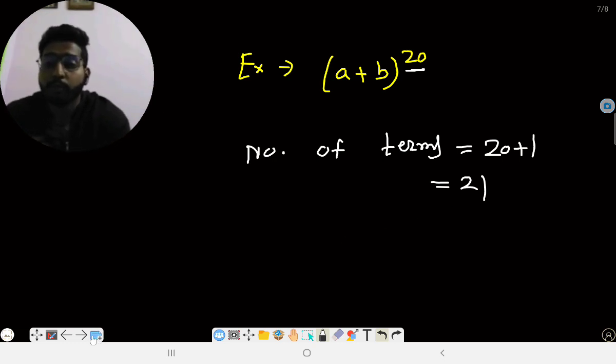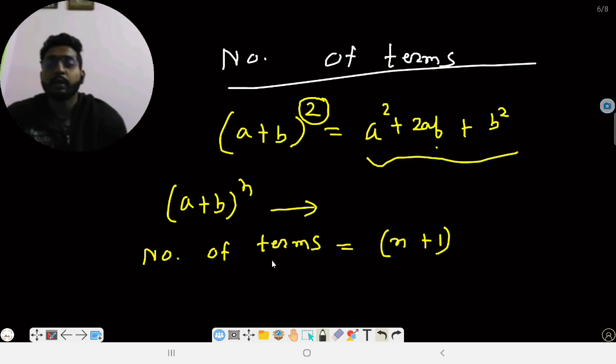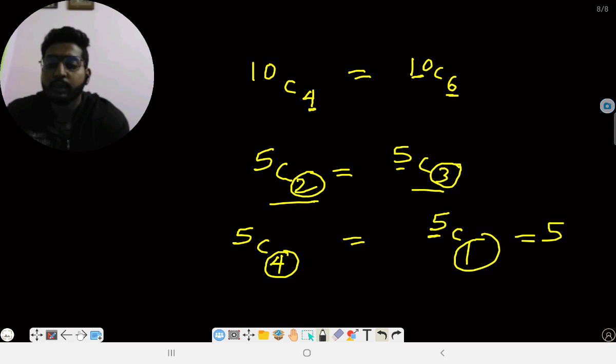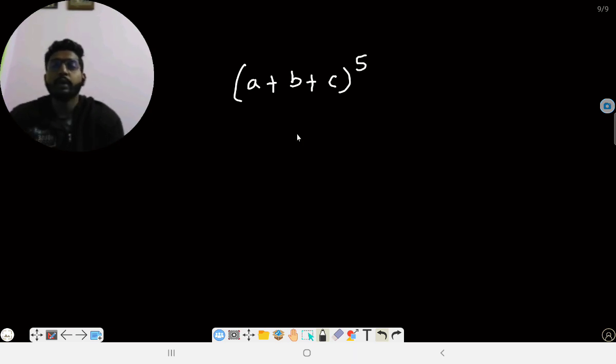So for the binomial, if the power is n, the number of terms will be n plus 1. Now next, suppose it is given like this, (a plus b plus c) whole to the power, suppose 5. Now how many terms are there? You can say this is not a binomial, because there are 3 terms, a plus b plus c.